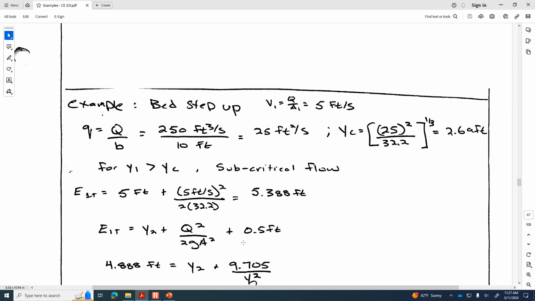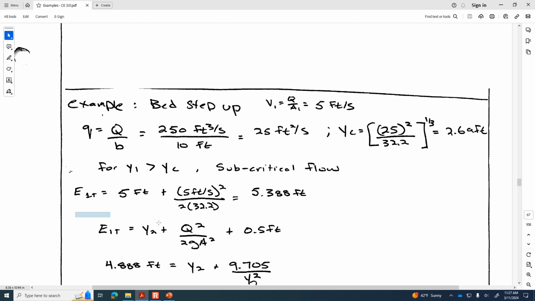This is for a step up. So the specific energy at 2 is less than the specific energy at 1 in the amount of delta z. The other way to say that is the energy at 1 is equal to the delta z plus E2. That's the same thing. I just moved the delta z to the right-hand side of the equation.